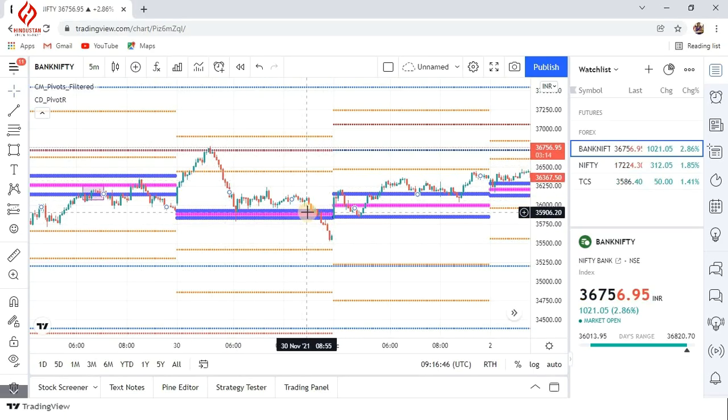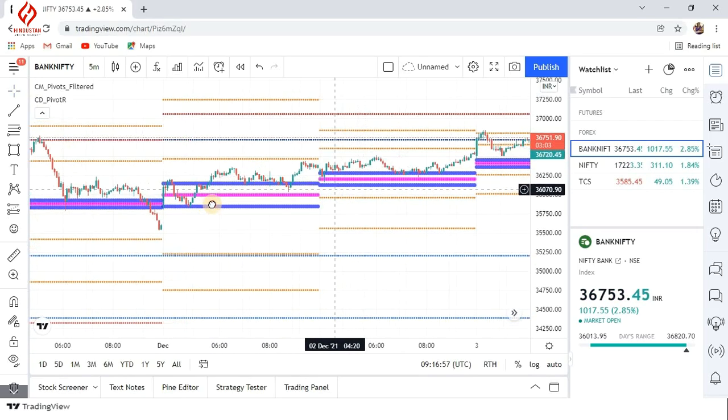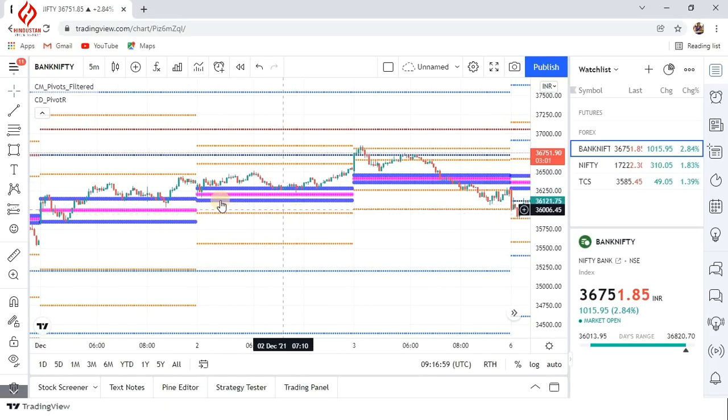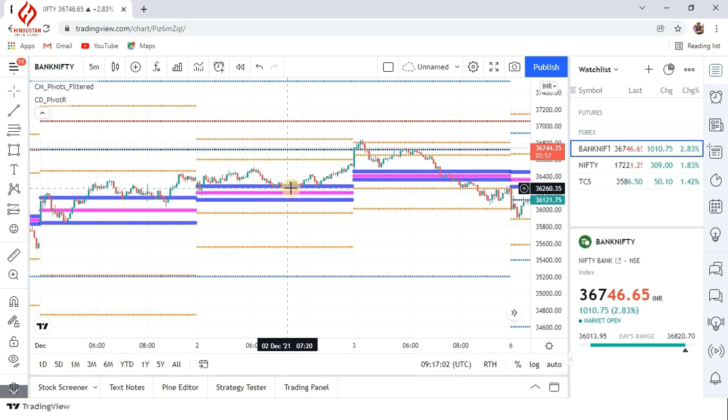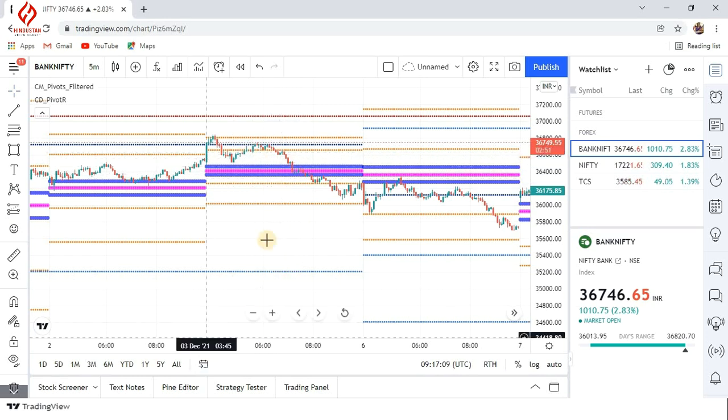So this is a live chart I'm showing. A narrow CPR breaks easily. Price breaks the CPR easily. This is the Bank Nifty chart, and a wide CPR stays sideways, right? Somewhat wide, like an average CPR, and a narrow CPR again on 3rd December.